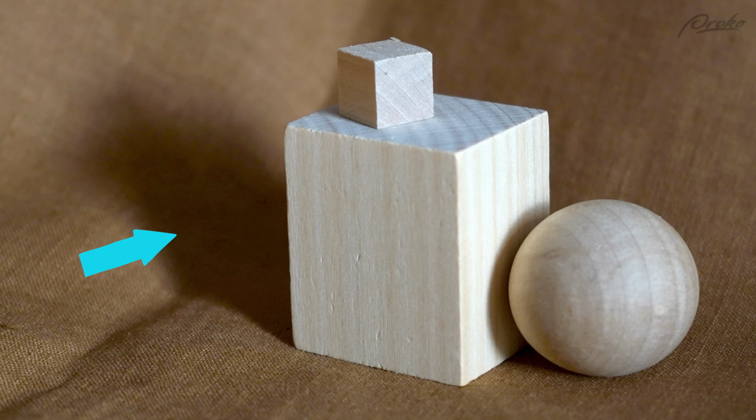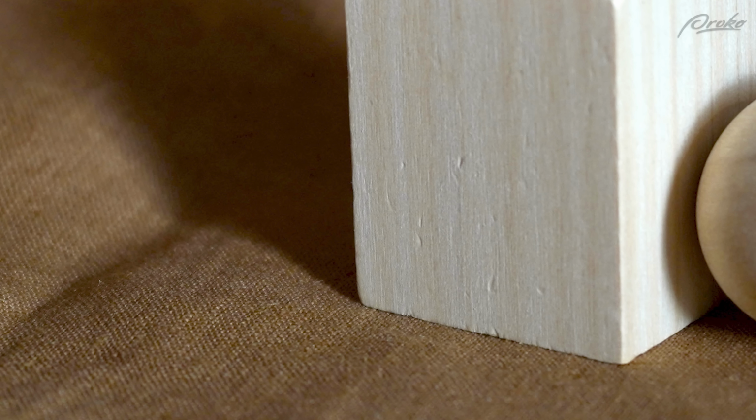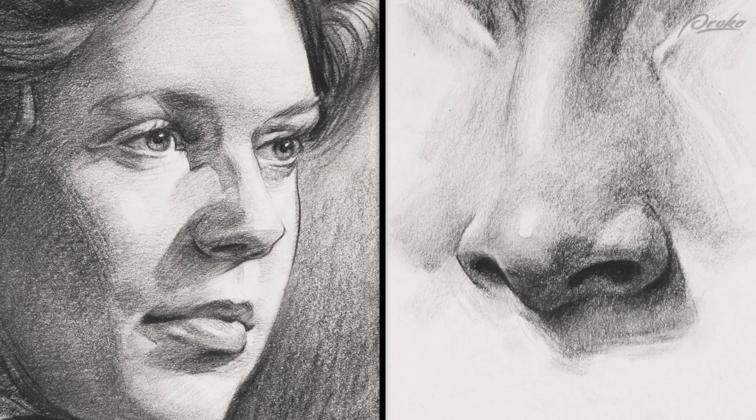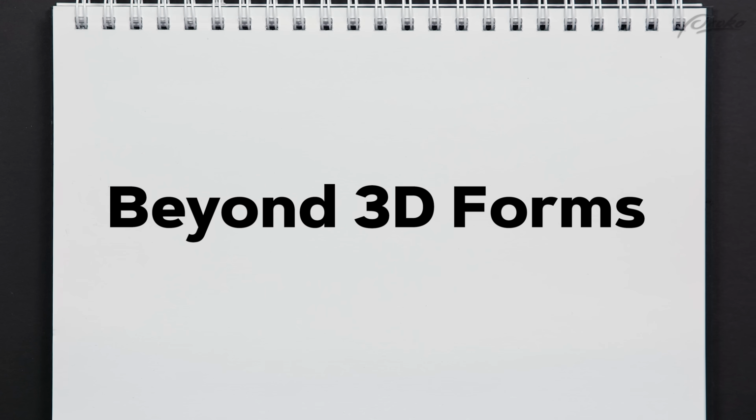This cast shadow gets sharper as the objects get closer together, razor sharp where they touch. We can exaggerate this effect even within small distances. For example, I like to make the cast shadow from the nose really sharp right by the nostrils and firm at the bottom.